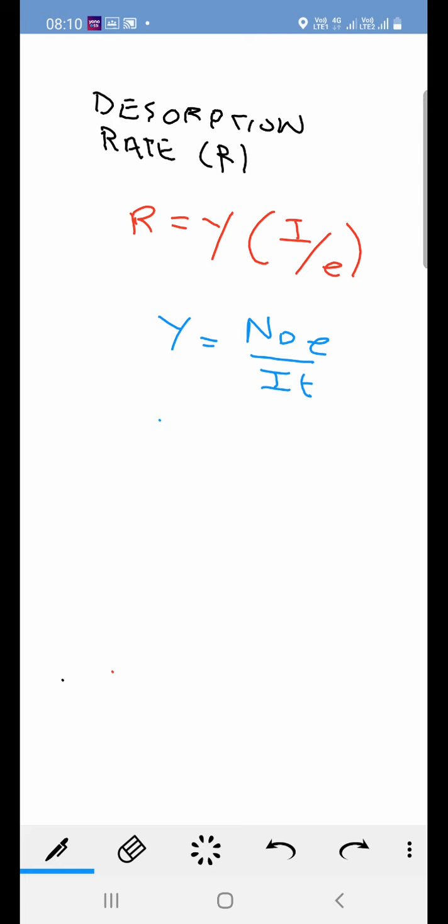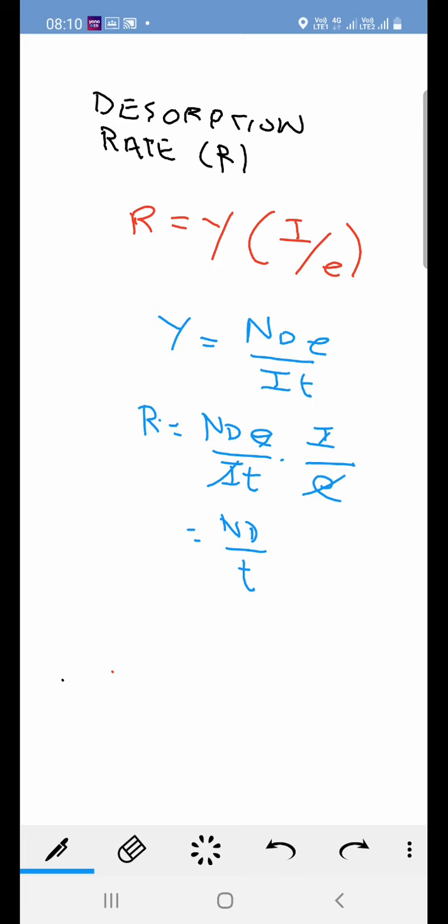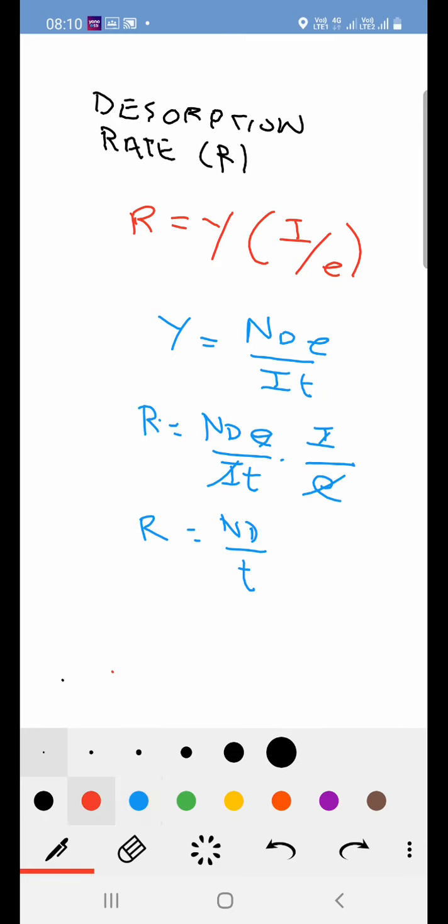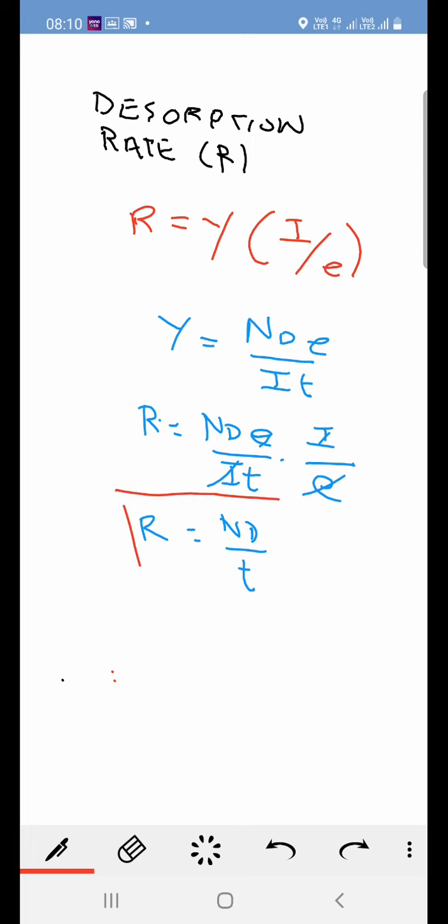So we put that value of Y here. So it's ND by E by IT into I by E. So this I and I cancel, E and E cancel. So that gives ND by T. So this is the relationship for desorption rate.